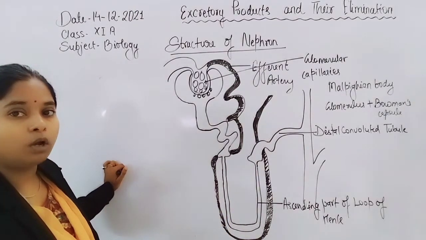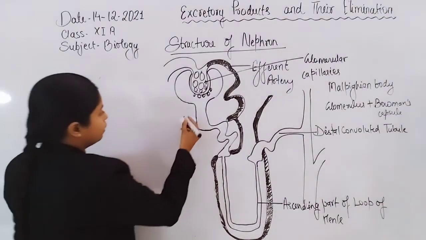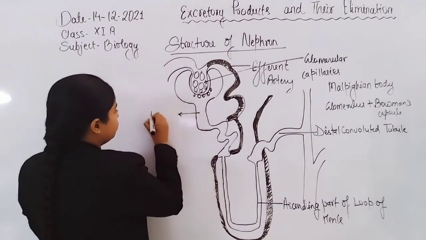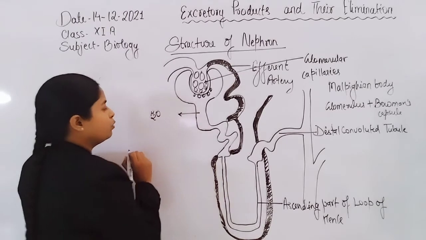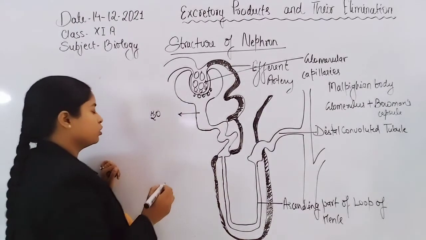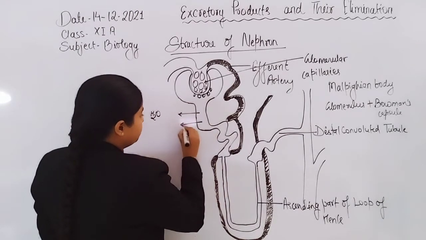Through the proximal convoluted tubule, first the water is reabsorbed, about 99% of the water.